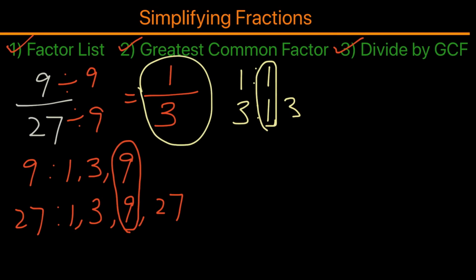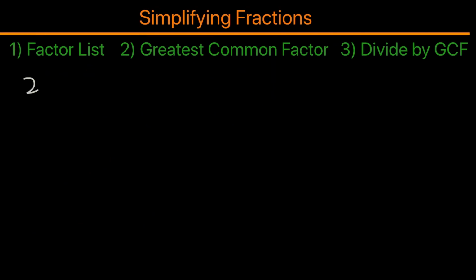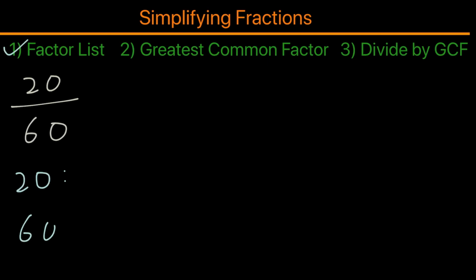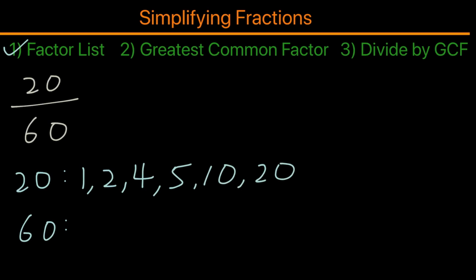Here's another question. 20 over 60. We're gonna go through the same process. First, finding the factor list. Okay, so for 20, we can see 1 will work, 2 will work, 4 times 5 is 20, 5 times 4 is 20, 10 times 2 is 20, and then 20 times 1 is 20.